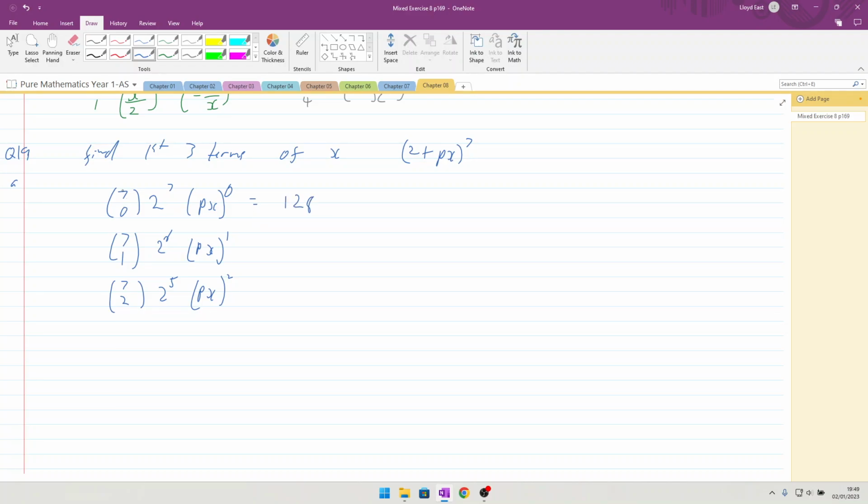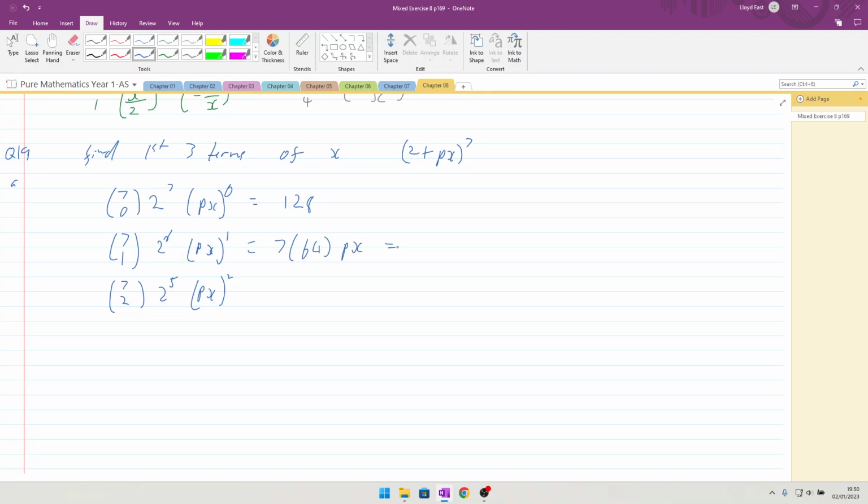And of course, 7C0 is 1, and anything to the power 0 is 1, so it's just 128. Then we have 7C1, which gives us 7. So we've got 7 times 2 to the power 6, which is 64.